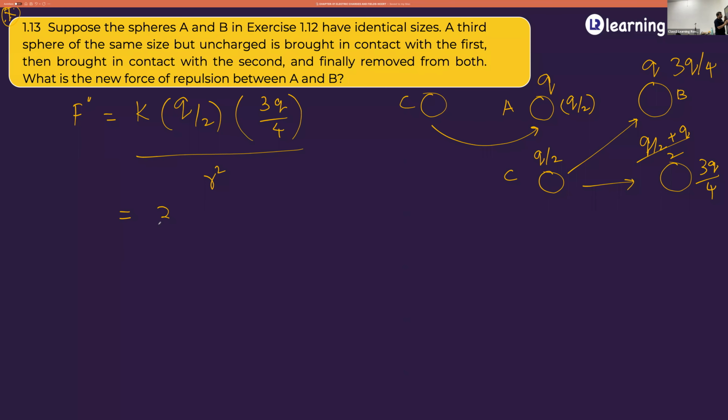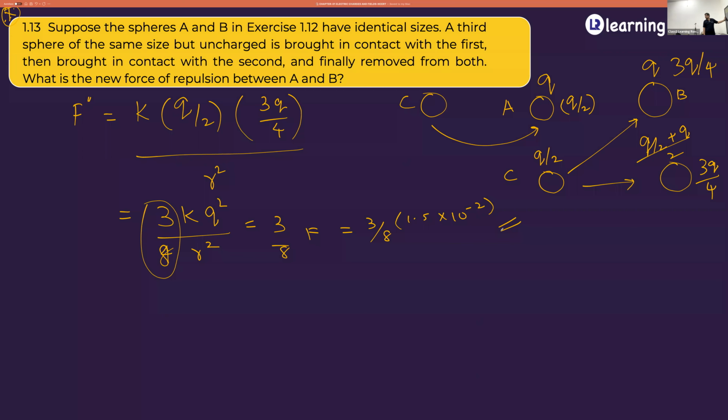So this is going to be 3 times K Q square divided by 4 times R square, not 4, it is 8 times R square. So it is becoming 3 by 8 times F. So it is going to be 3 by 8 multiplied with 1.5 into 10 power minus 2. So when you calculate this, that will be the required answer.